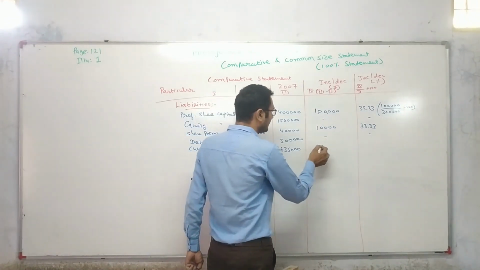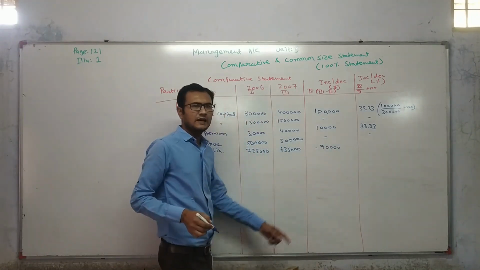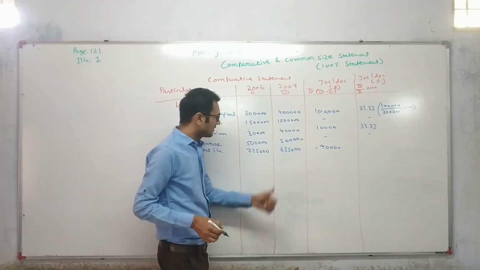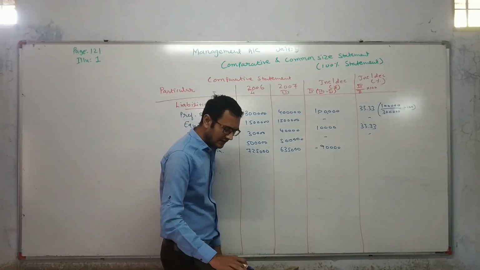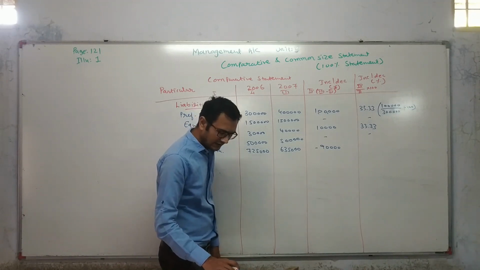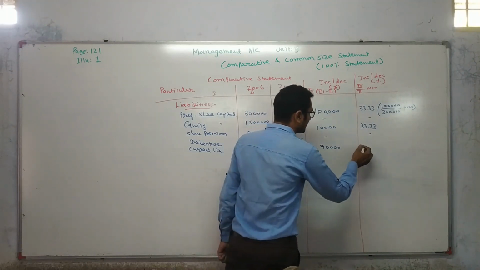So you will get minus 90,000. Instead of minus sign, you can also have a bracket. So 90,000 divided by 7,25,000 into 100. So 12.41%.